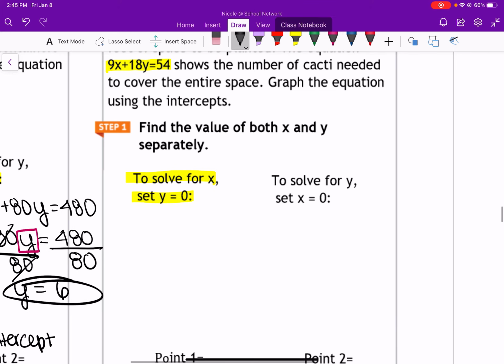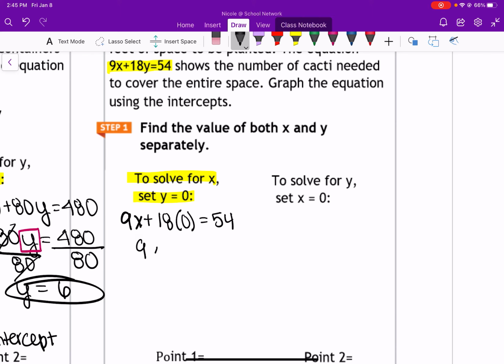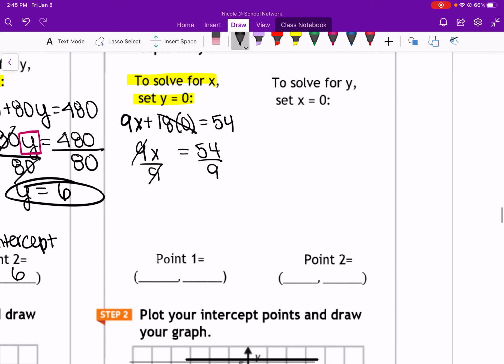So 9x plus 18, y is now 0, so 18 times 0 is 54. 9x, that's going away, so 9x is equal to 54. We divide by 9 on both sides, and we get x is equal to 6. So 6, 0 is our x-intercept.